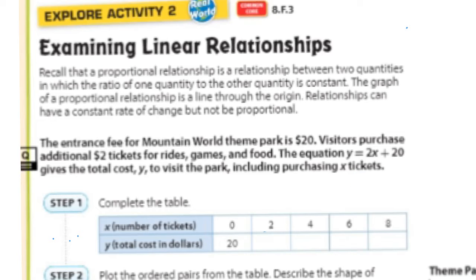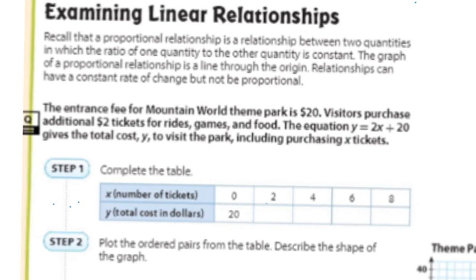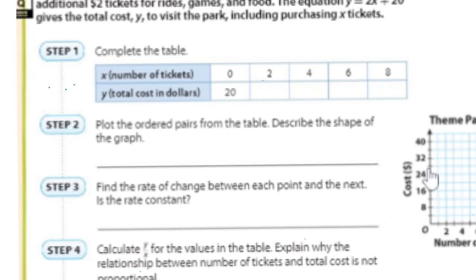So they want us to show that the relationship can have a constant rate of change, but not be proportional. I'm going to move this up a little bit so I can see a little bit better. Okay, so they want us to first complete the table.